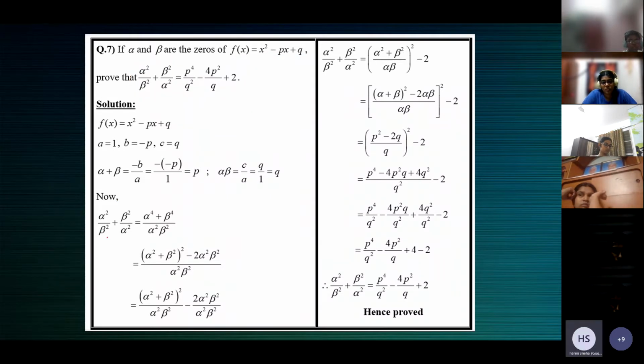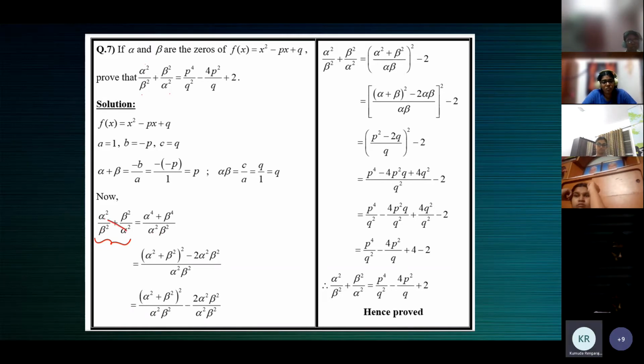Okay, so that's what we have done. We have taken up alpha square by beta square plus beta square by alpha square. So take up that common denominator. Alpha square beta square is the common denominator.